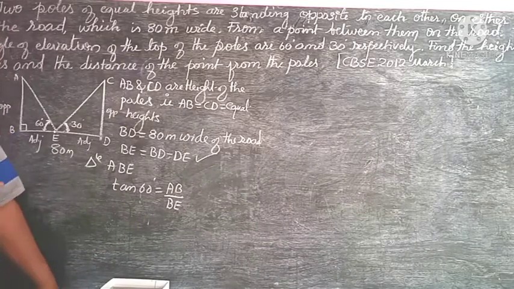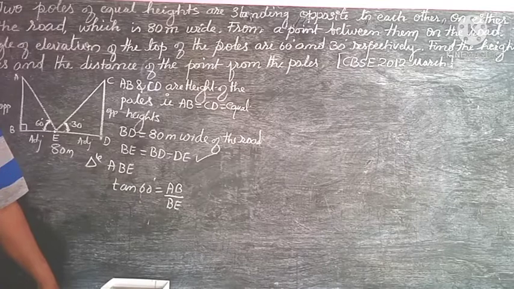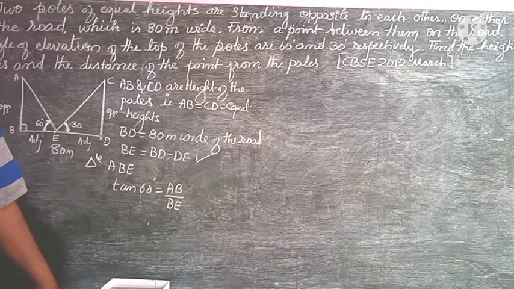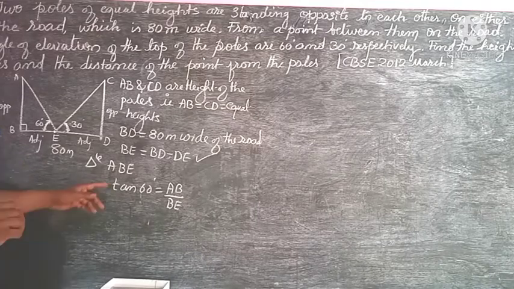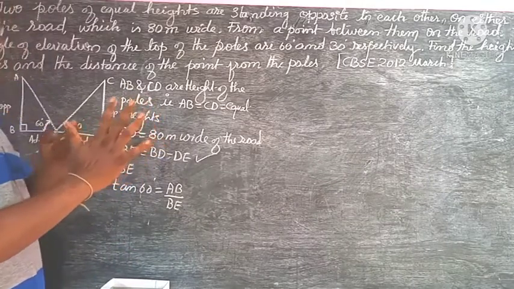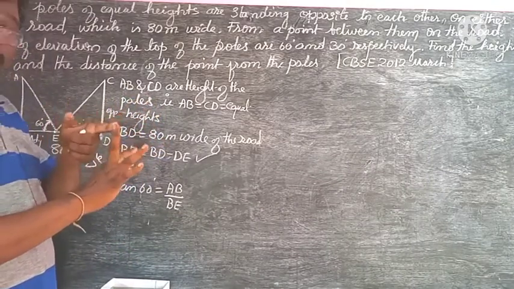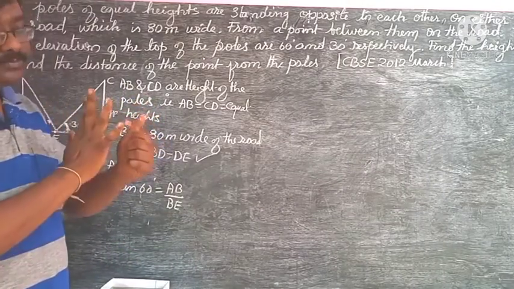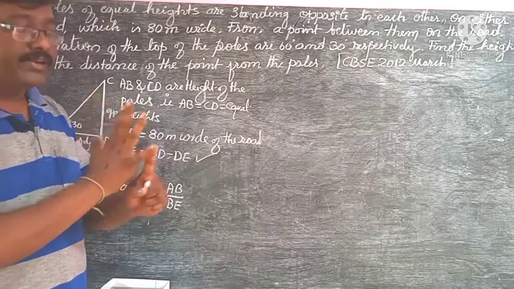Then what is the value of tan 60 degrees? You can find the value by using your fingers, by using your hands. We usually identify tan 60 degrees like this: 0 degree, 30 degree, 45 degree, 60 degree and 90 degree.